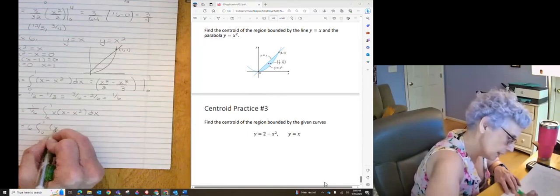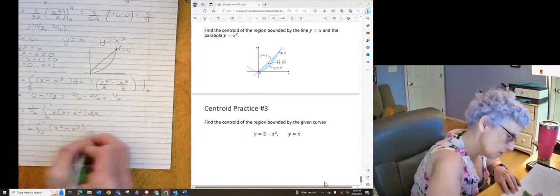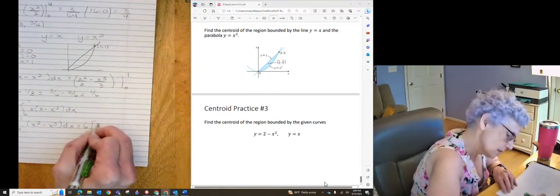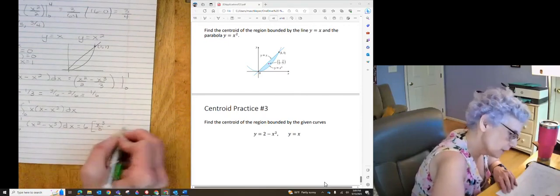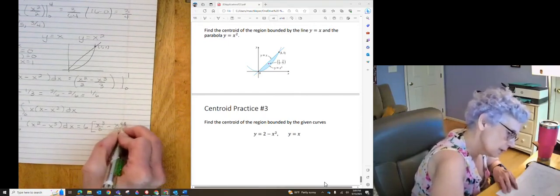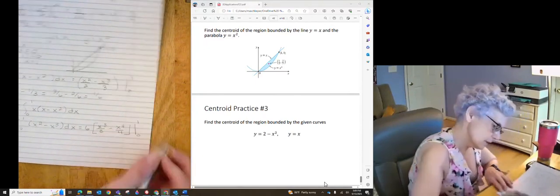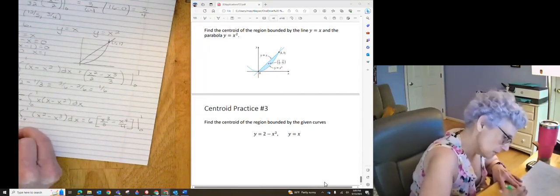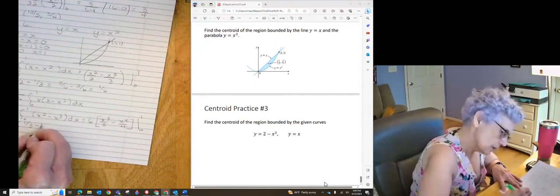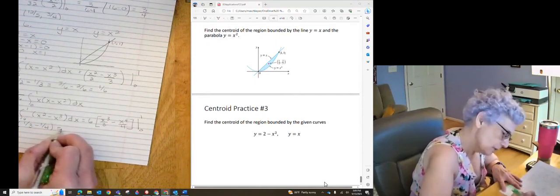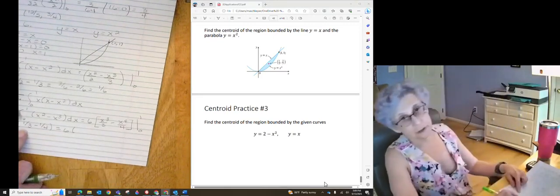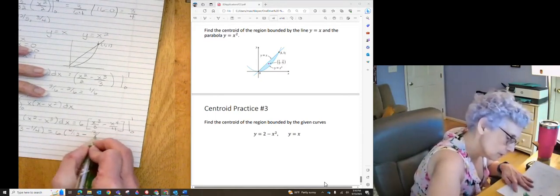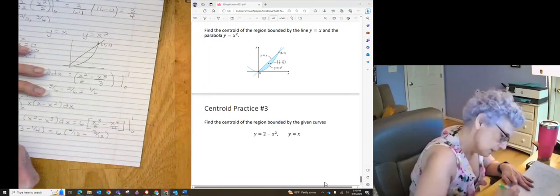Integral from 0 to 1 of x squared minus x cubed, which is 6 times x cubed over 3 minus x to the 4th over 4 from 0 to 1, which is 6 times 1/3 minus 1/4. 1/3 would be 4 over 12. 1/4 would be 3 over 12.